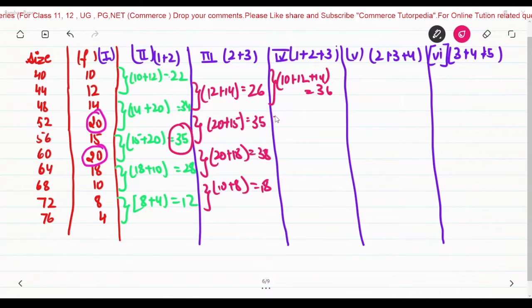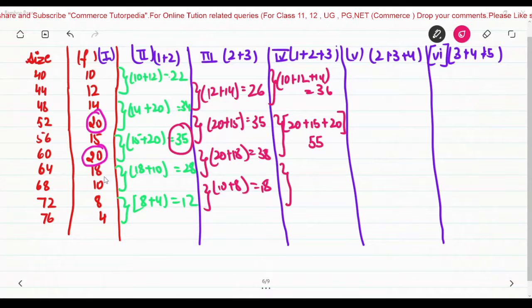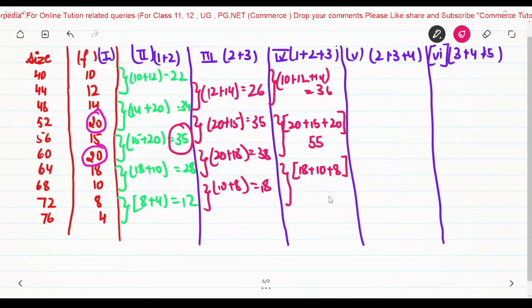Then the next three frequencies, 20, 15, 20: 15 plus 20 is 35, plus 20 is 55. Let's add the other frequencies, 18, 10, 8: 18 plus 10 plus 8 is 36.